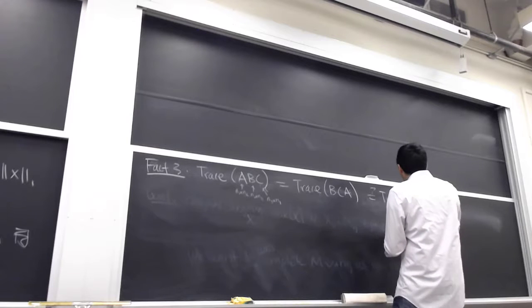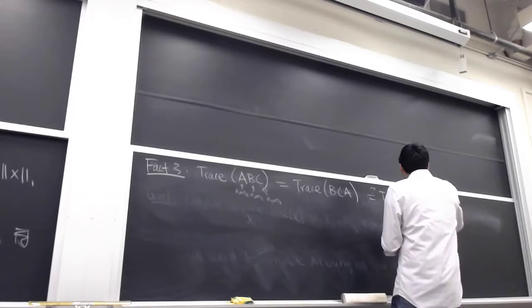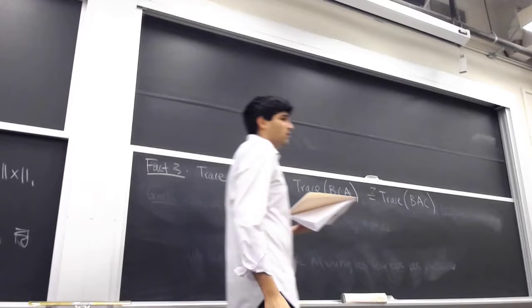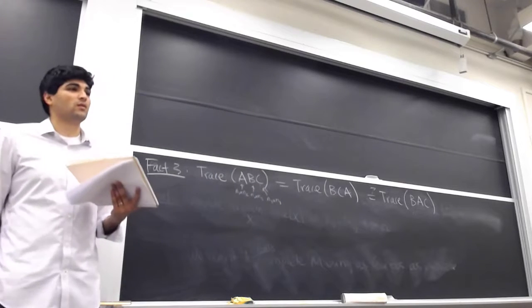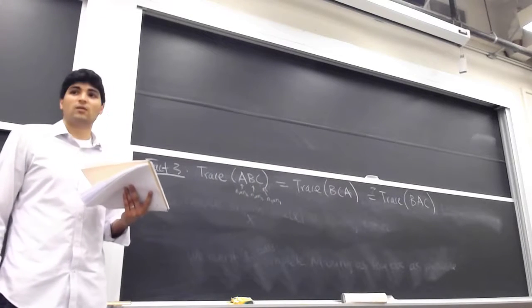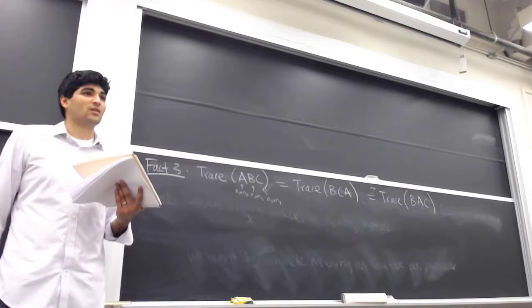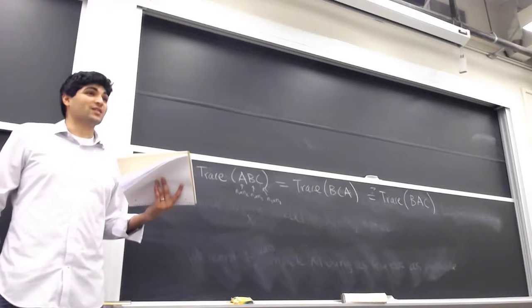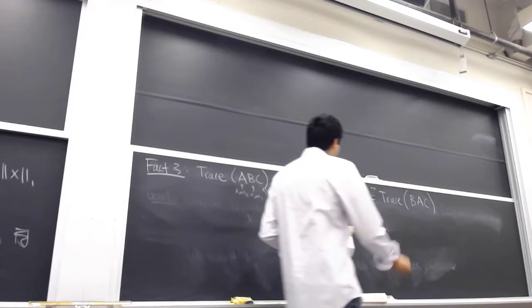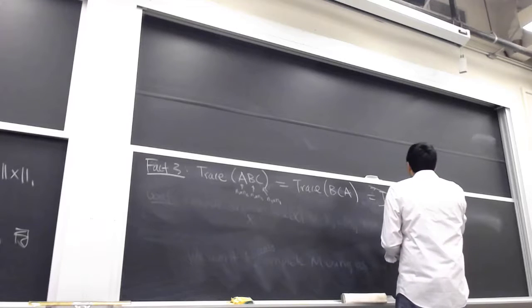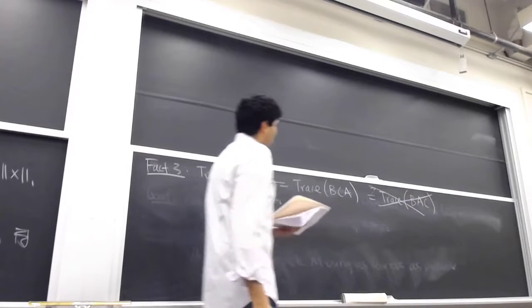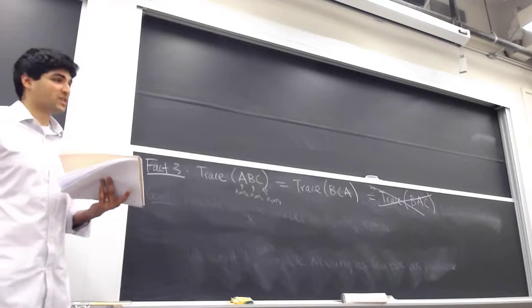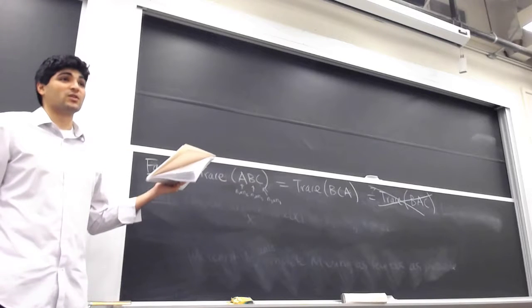Is this equal to BAC? No. It might not even make sense, right? This a lot of times makes the top 10 list of most common mistakes by practicing mathematicians.